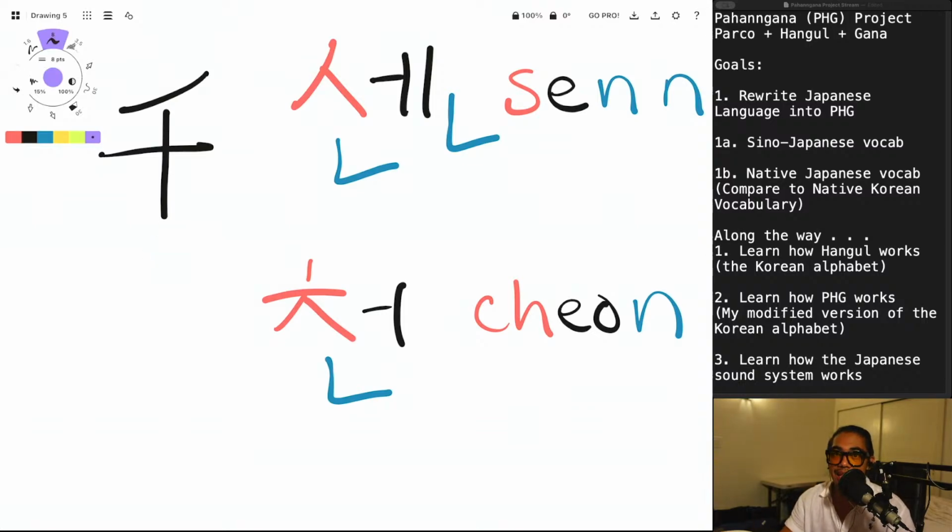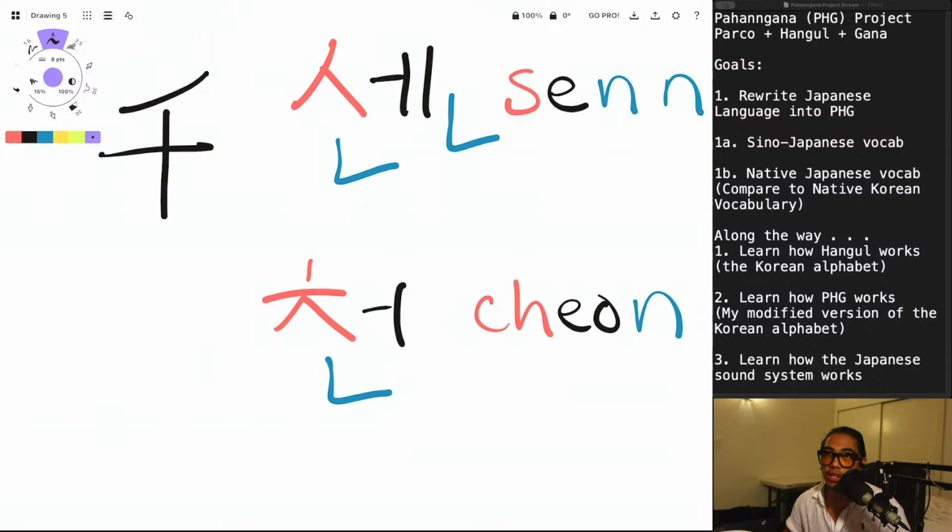It's pronounced sen in Japanese and chun in Korean, and we're going to be comparing it. See here, color-coded to show the letters. This is an S right here, and we can see here, S. This is a CH. This is an E. And these two are N's. And similarly here we have N. So yeah, this is just a preview.